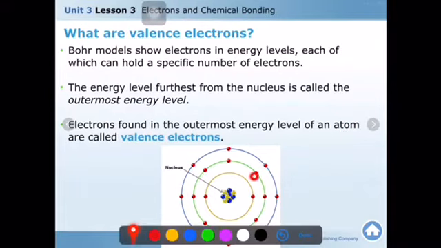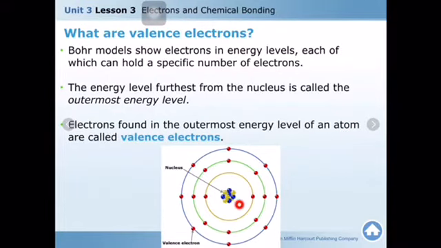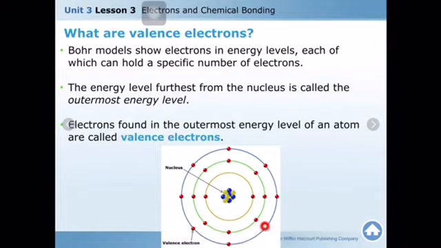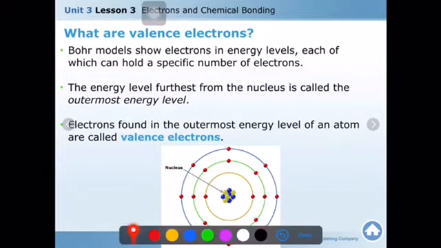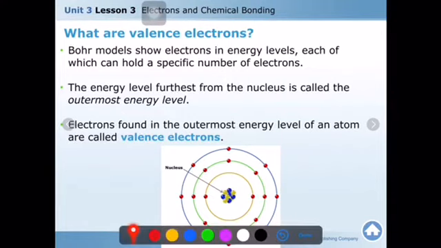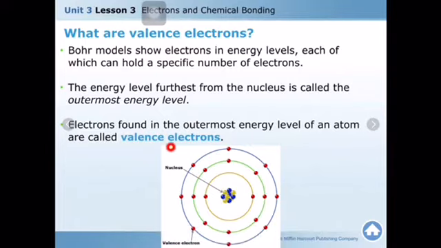If I ask how many valence electrons this atom has, you have to calculate. How? Like this: 1, 2, 3, 4, 5, right? And 6, 7, 8. You see, 8 electrons are present on this atom. It has 8 valence electrons.